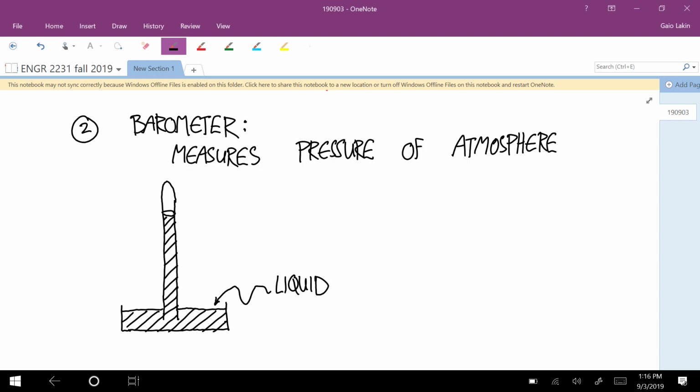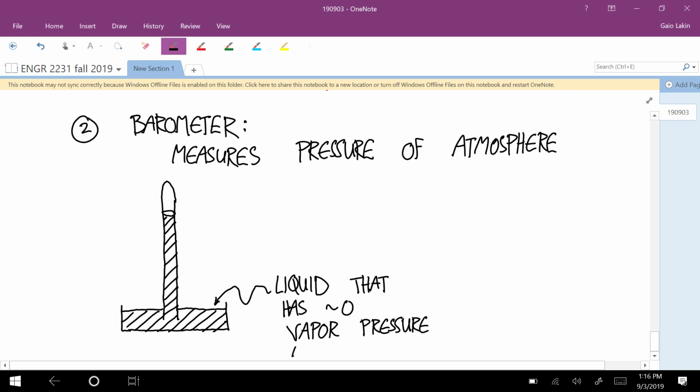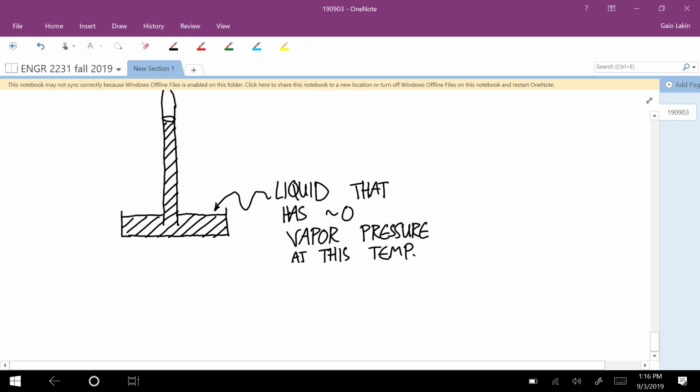So this is a liquid that has close to zero vapor pressure at this temperature. Like mercury.